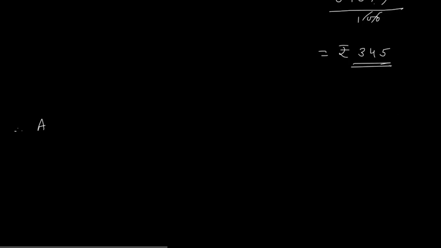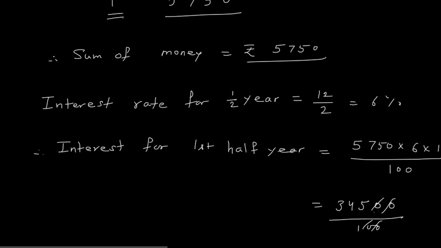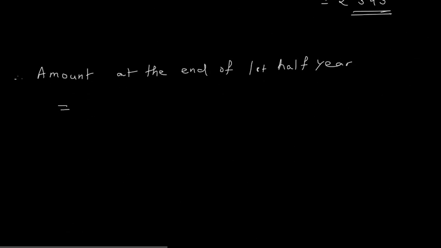Therefore I will say the amount at the end of first half year is equal to, now the principal is 5750, so it is 5750 plus 345. 0 plus 5 is 5, 5 plus 4 is 9, 7 plus 3 is 10, and 5 and 1 is 6.